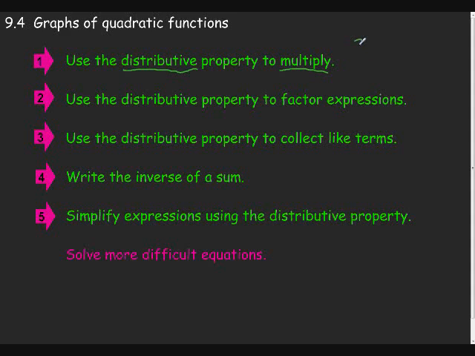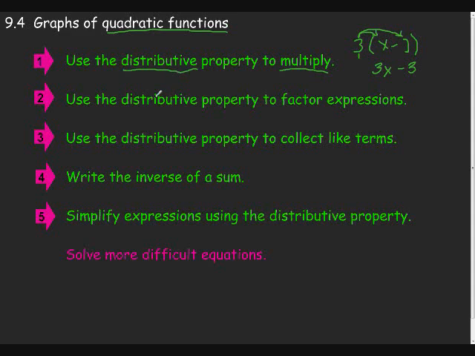If I have 3 and I've got x minus 1 here, I can distribute that to everything inside the parentheses, giving me 3x minus 3. So we're going to use that here relative to quadratic functions. We'll see what that looks like in a minute.